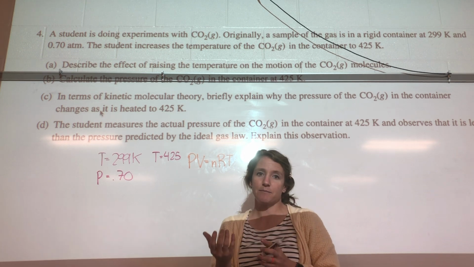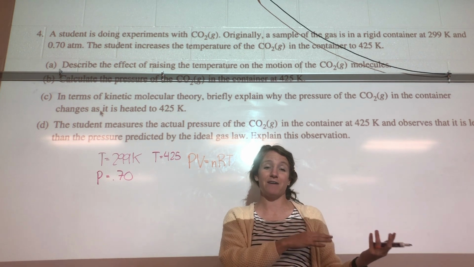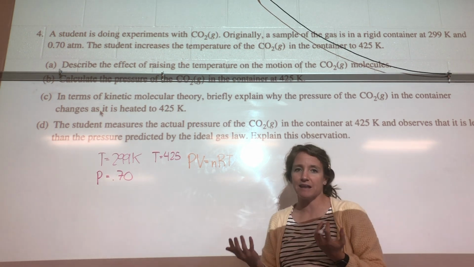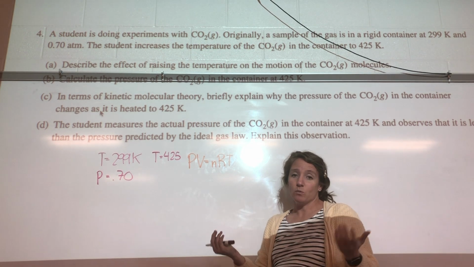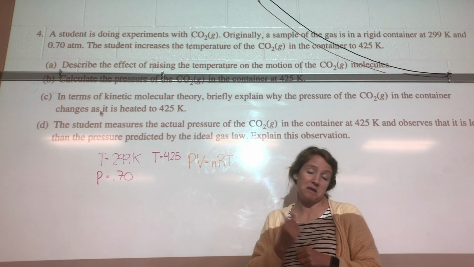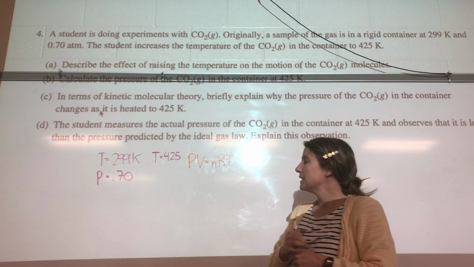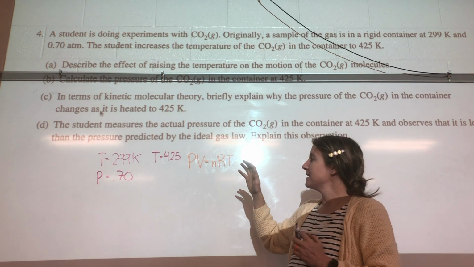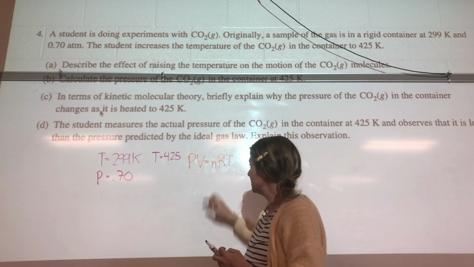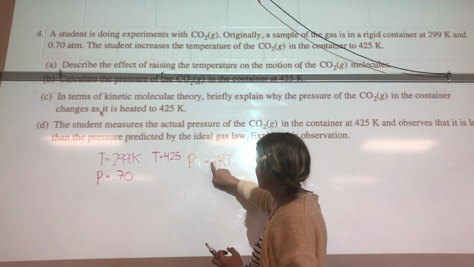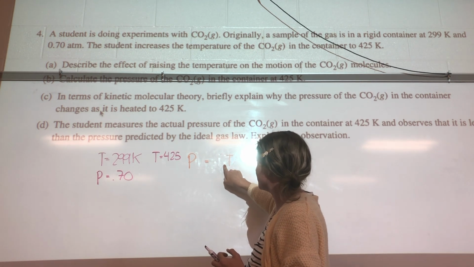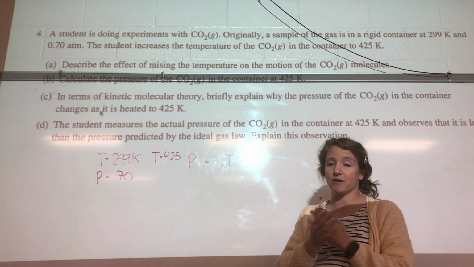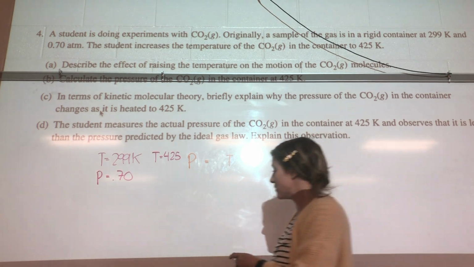So if I start at this temperature and then I go to this temperature, how is it going to affect the ratio? Now where they get that equation from, some of you said you couldn't find that equation. It's not on your formula sheet. Once again, now that you can use a formula sheet, maybe this would be something you want to write down. But the idea of it is we take out all the variables that aren't changing. So the volume's not changing, the moles aren't changing, and R's not changing. It's just pressure and temperature. And then we set the variables on the same side equal to each other.